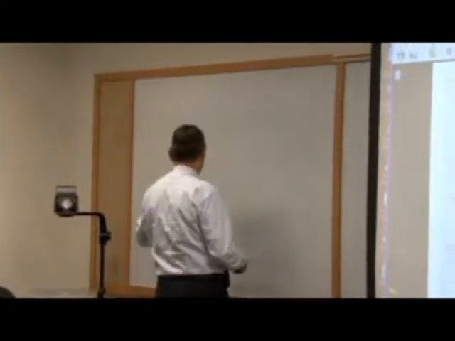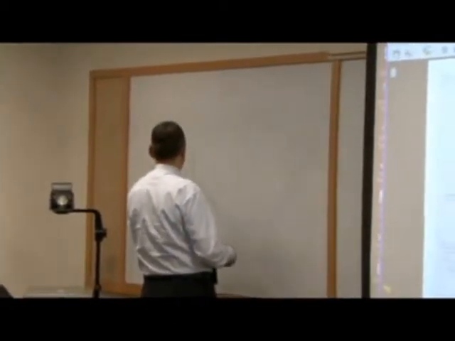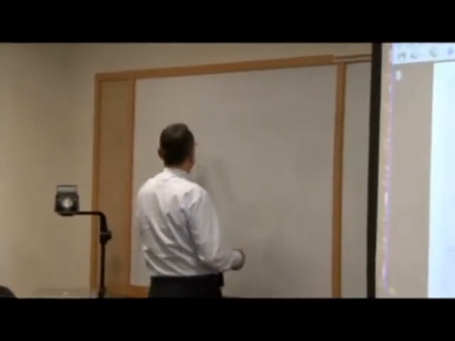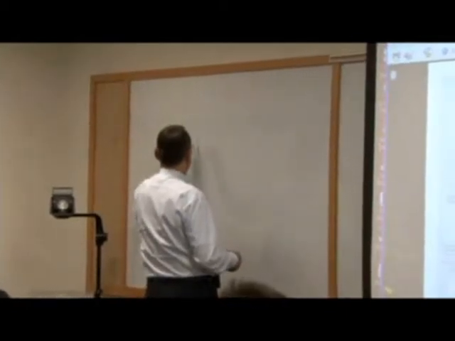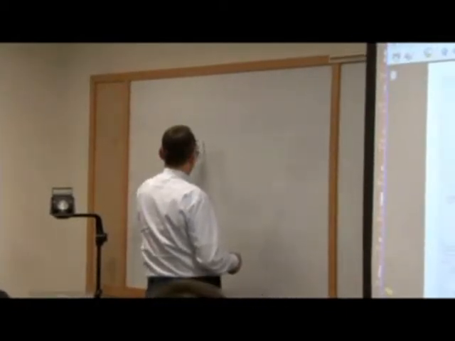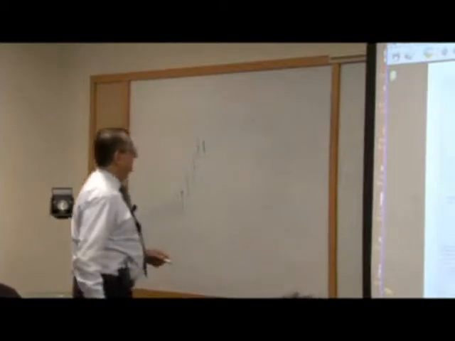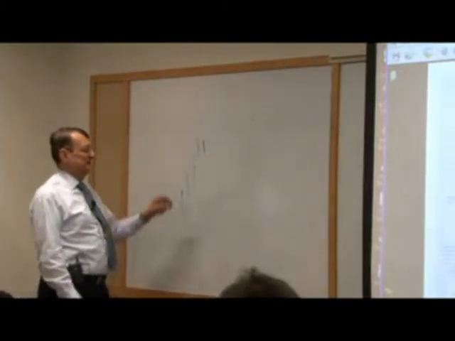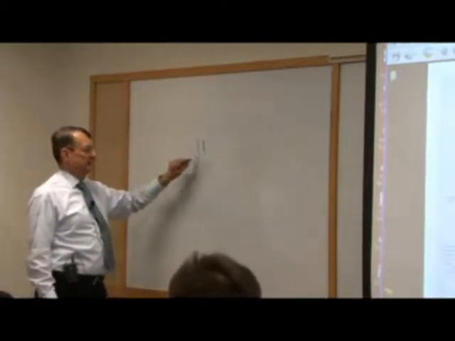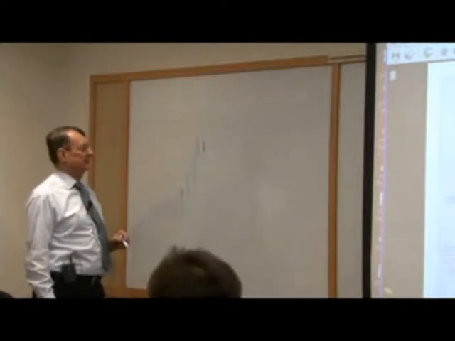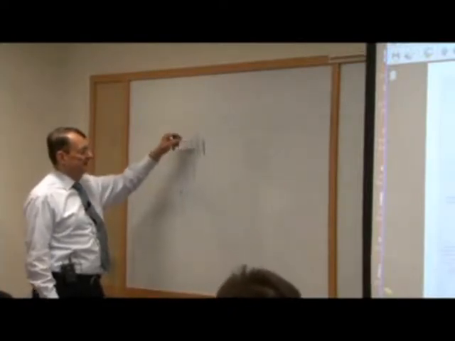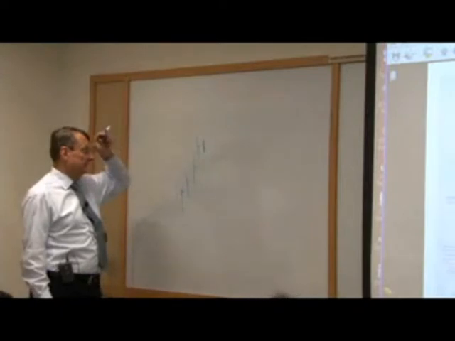We have a stock that's been in some kind of an uptrend, and then one day does this. An inside day, meaning that the low today is higher than yesterday's low, the high today is lower than yesterday's high. So all the trading is within the bounds of yesterday.